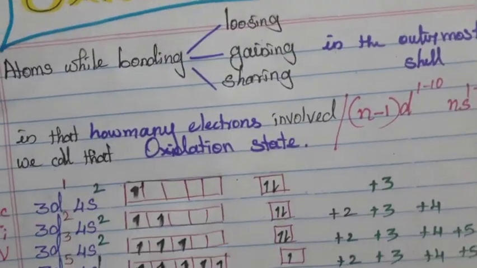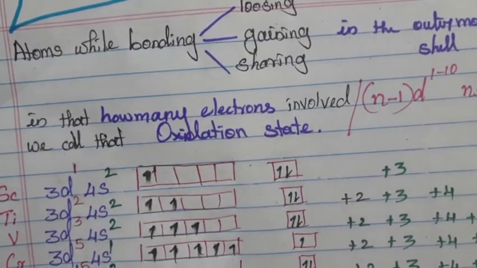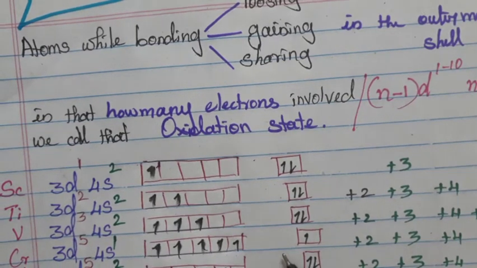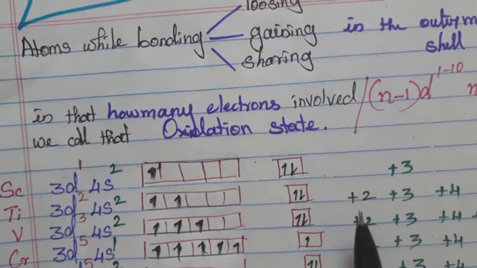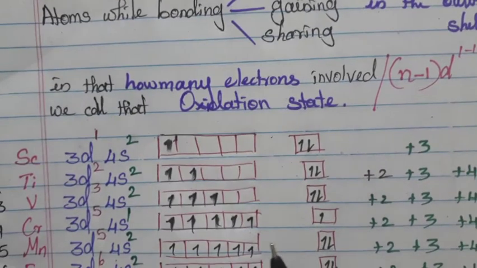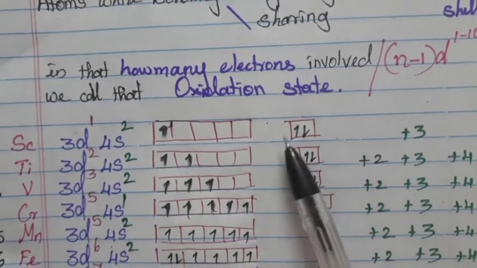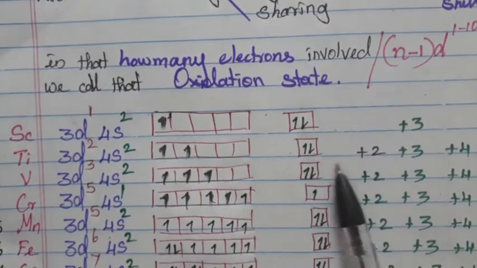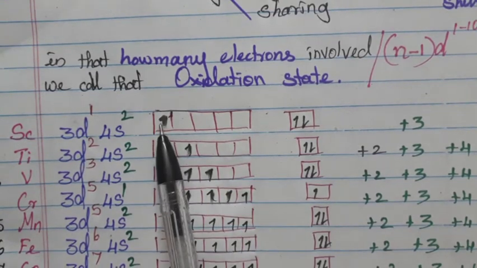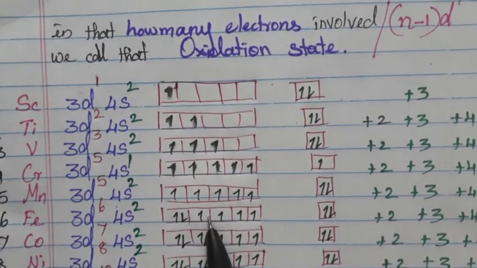outermost shell அதாவது இந்த transition elementsல s orbitals first fill ஆயிரும், then only the d orbitals are filling. See the first s orbitals எல்லாம் fill ஆயிட்டு அப்புறம் தான் d orbitals fill ஆகும்.